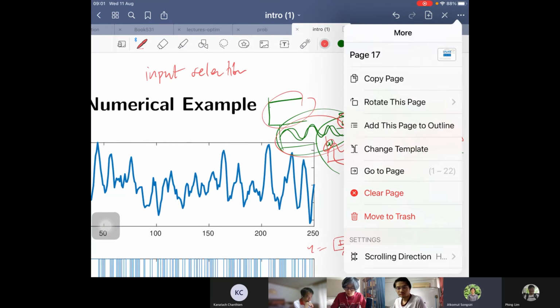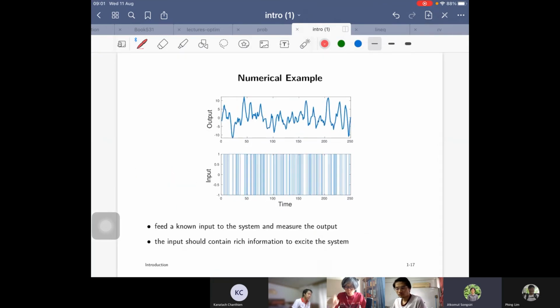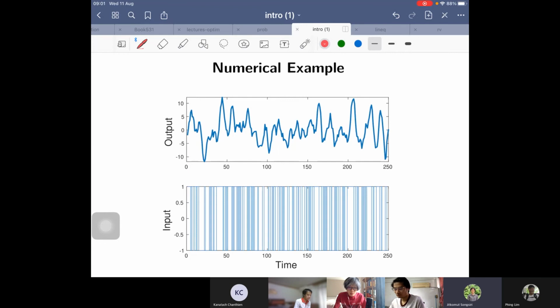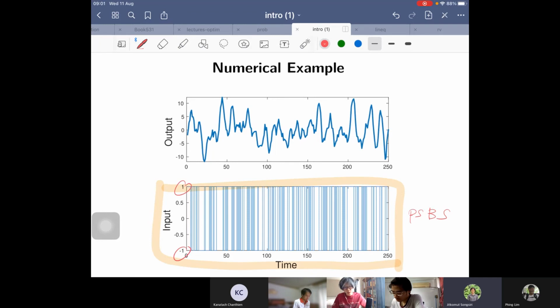In this particular example, we're going to talk about input selection, but let me mention that in this experiment, we pick a pseudo-random binary sequence as the input, which means the input has a binary value, either -1 or 1.